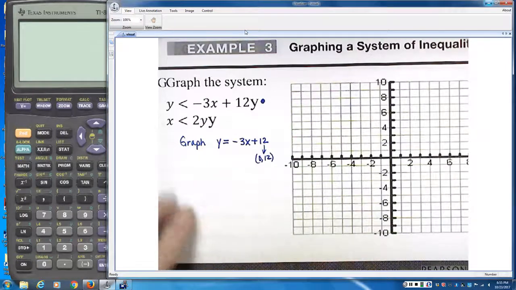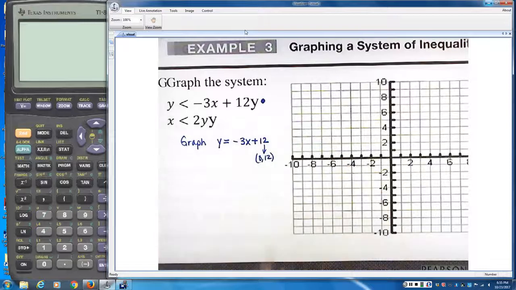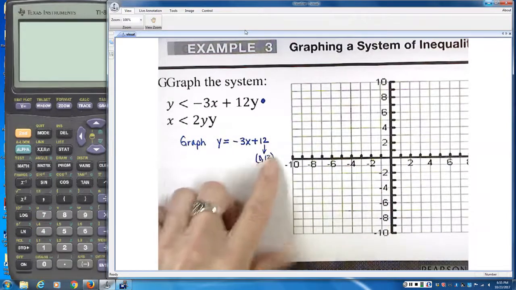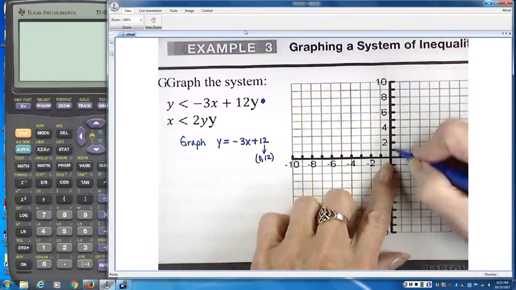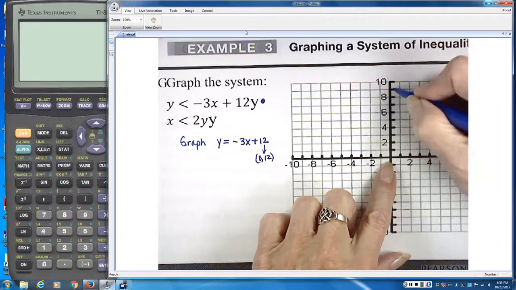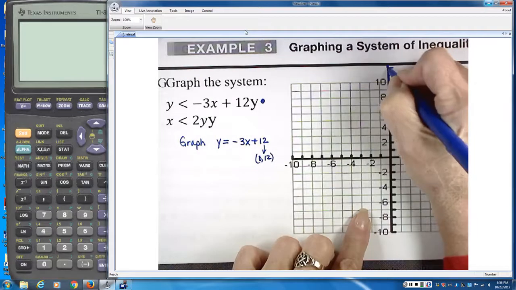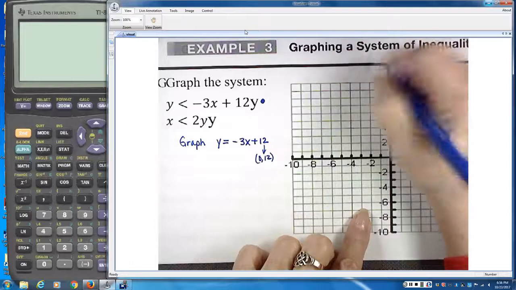I can still say, let x be 0, let y be 0, and find both intercepts, or I can go to where 12 is, because I can see this is 1, 2, 3, 4, 5, 6, 7, 8, 9, 10, 11, 12. So here's 0, 12.